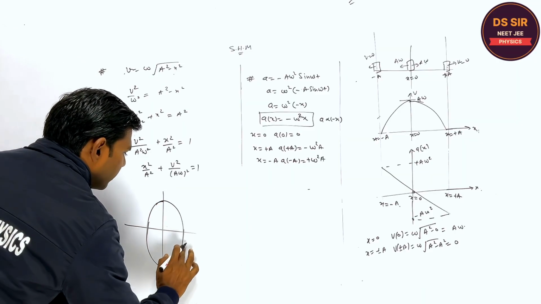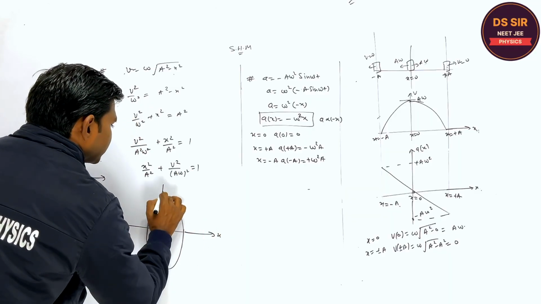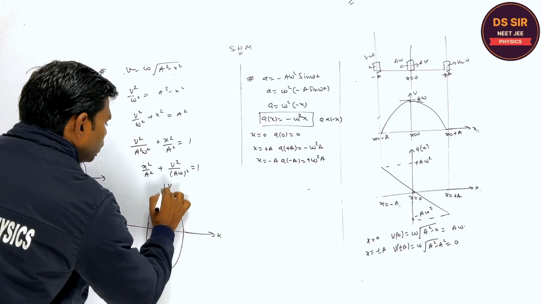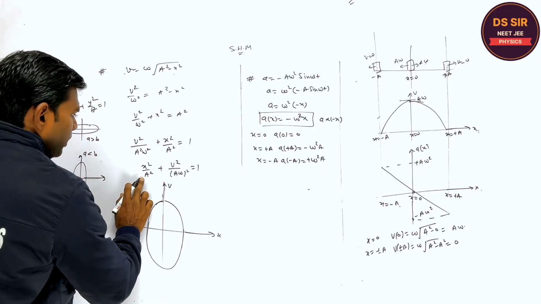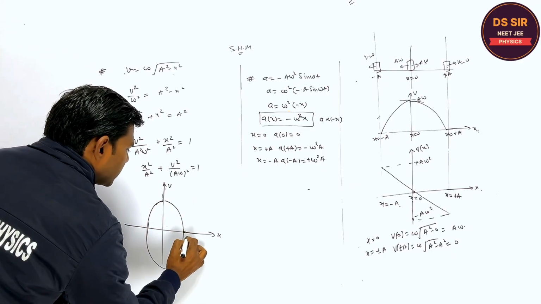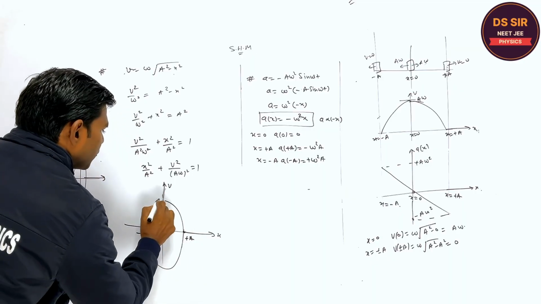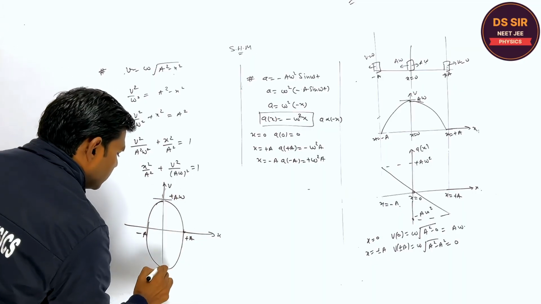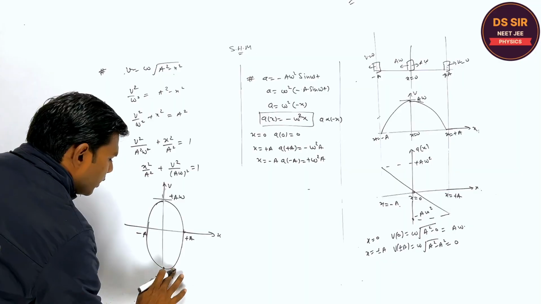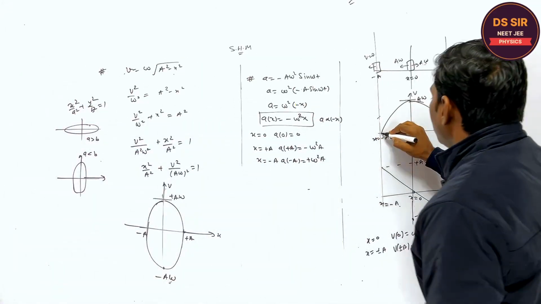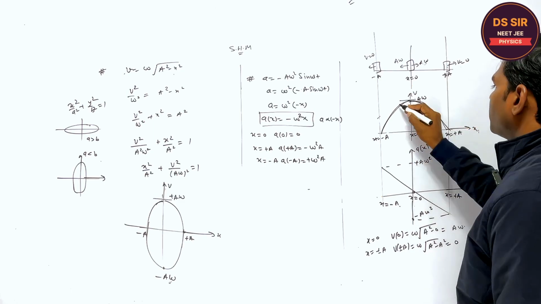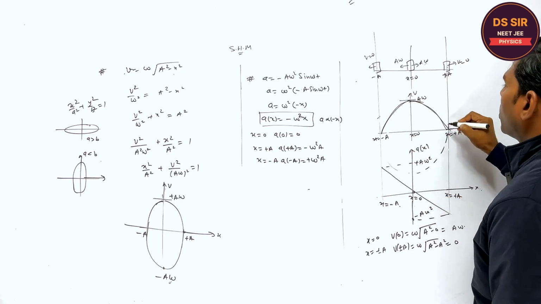This is the elliptical variation between x and the velocity. You may assume this is the y-axis, this is the x-axis. This is plus a, minus a, this is a omega, this is minus a omega. The thing is same. In this figure, I have only made the upper half, and it will be the lower half too.